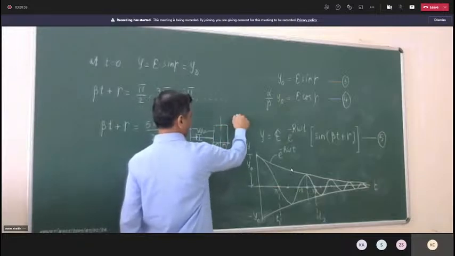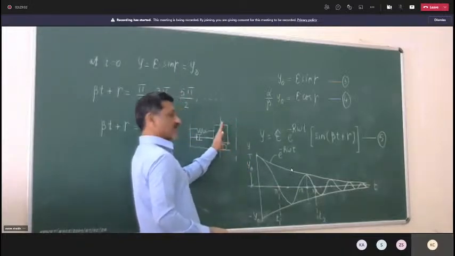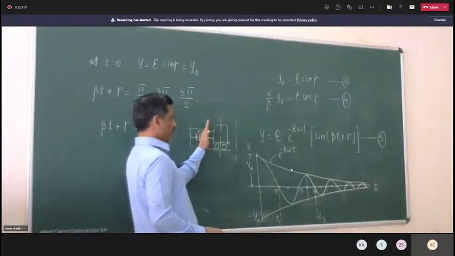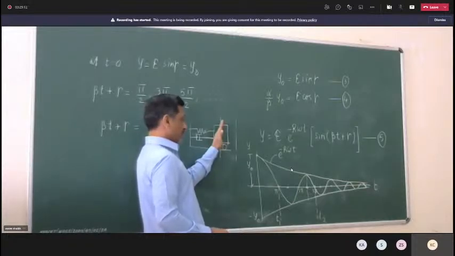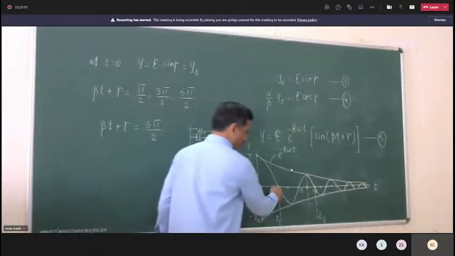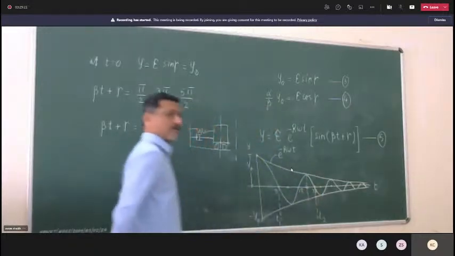Physically, I pull the system now by y0. Fine. Release it. It has come to the neutral position. It has gone to the negative extreme. Come to the neutral position. Then gone to the positive extreme and again coming to the neutral position. That is one cycle, I can say.